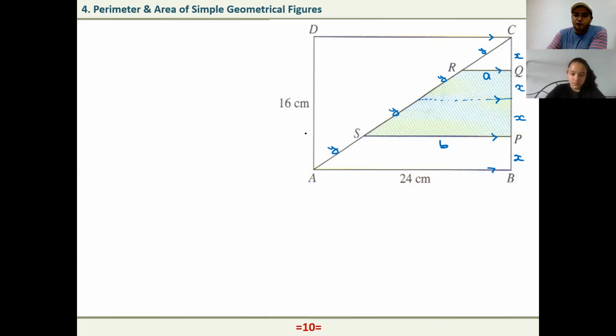Now, the first question for you, Shahina. The first question is, what is the value of X? Shahina, look at these sides. This AD, is it equal to BC?